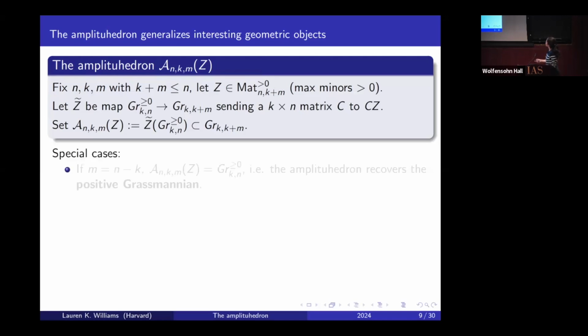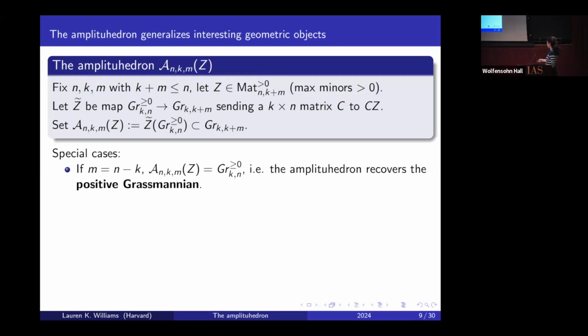Okay, so let me point out that mathematically the amplituhedron generalizes a number of interesting objects. So first, if m is n minus k, then this matrix Z is just an invertible matrix, and so you can think of the amplituhedron as just recovering the positive Grassmannian.